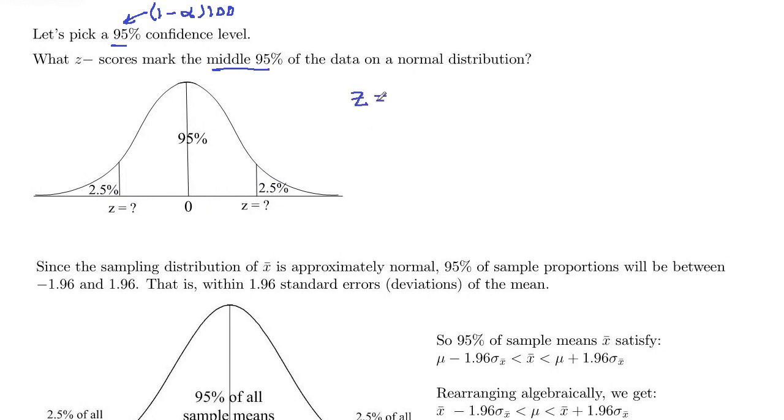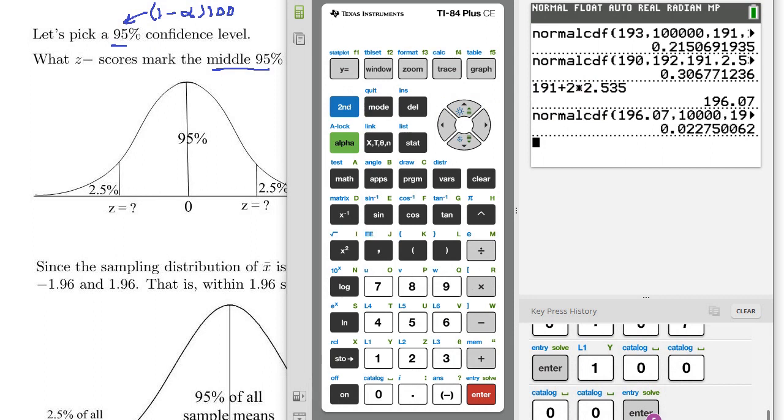So z is going to be the inverse norm. And then remember, you put the area to the left of the z-value. So for example, this z-value has 95 plus 2.5, 97.5%, so 0.975. So inverse norm of 0.975, with 97.5% to the left.